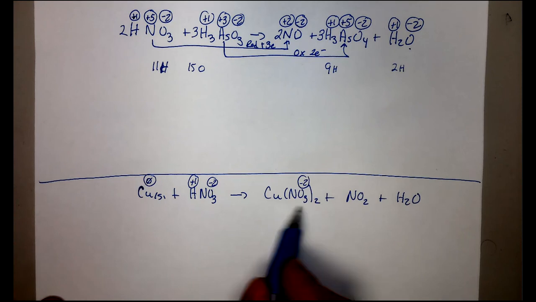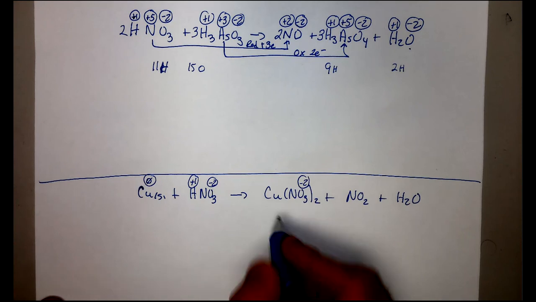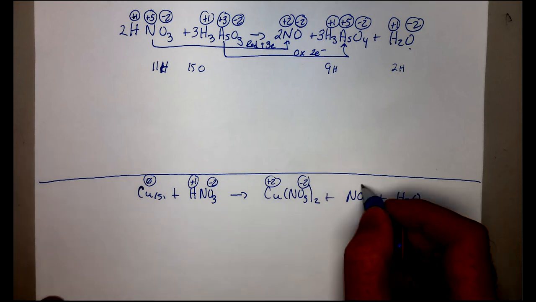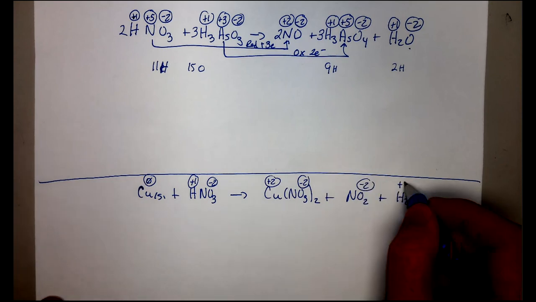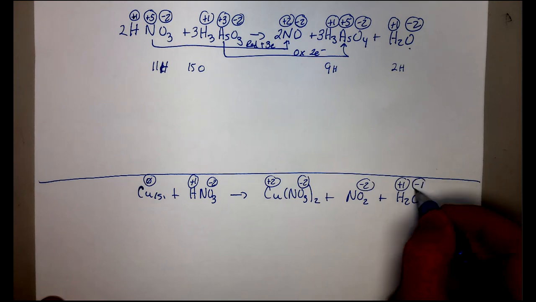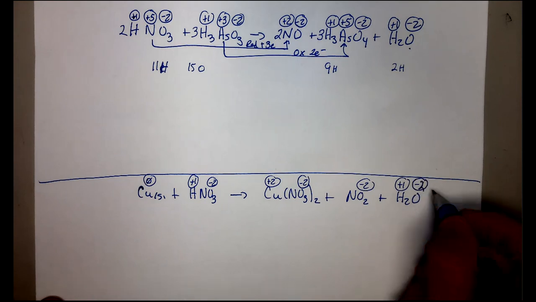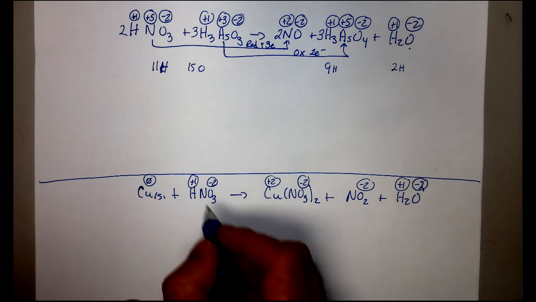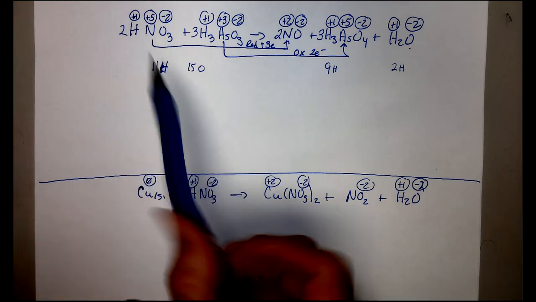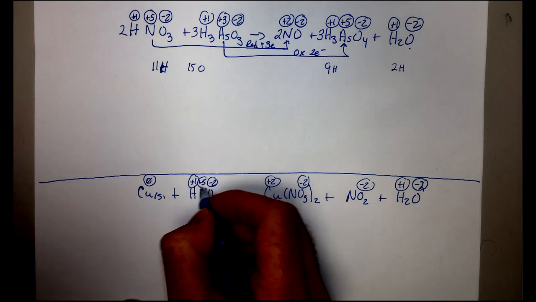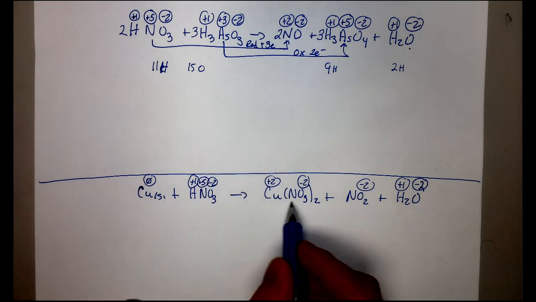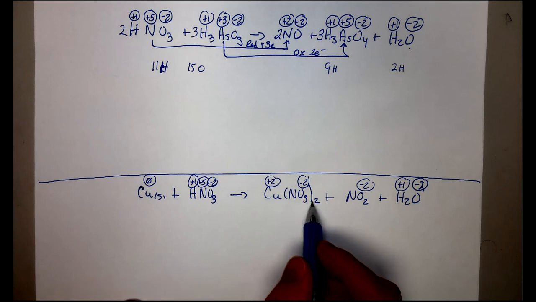This is cupric nitrate, and so we can say that's a +2, -2, +1, -2. And so then balancing the rest, we did that one up here, so we know that one's +5 without redoing it. And turns out nitrogen in a nitrate is +5, but we'll go ahead and look at it.